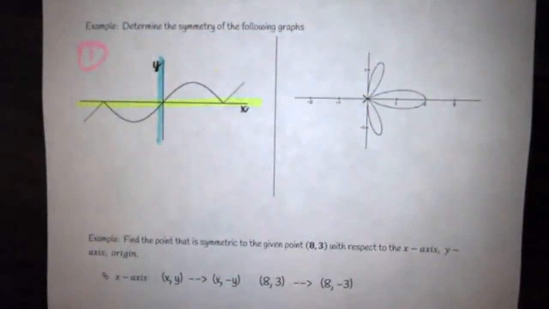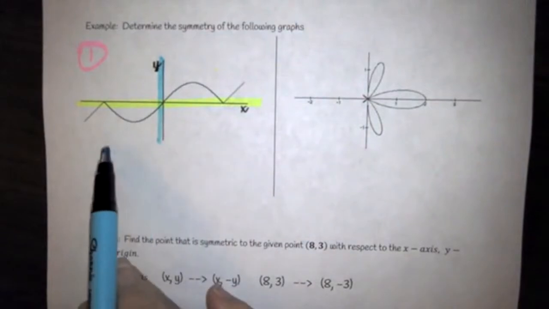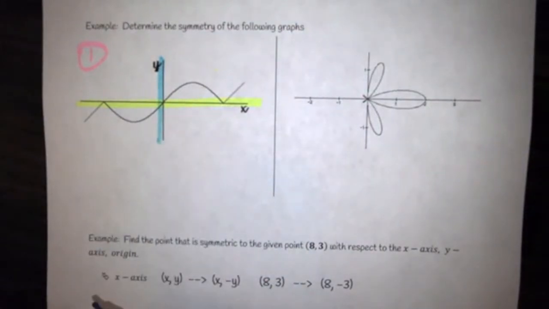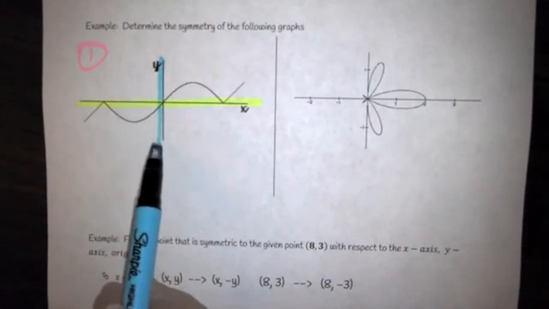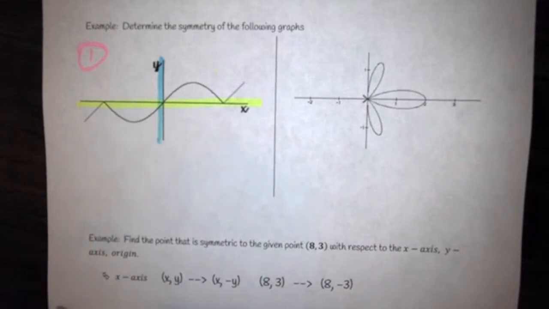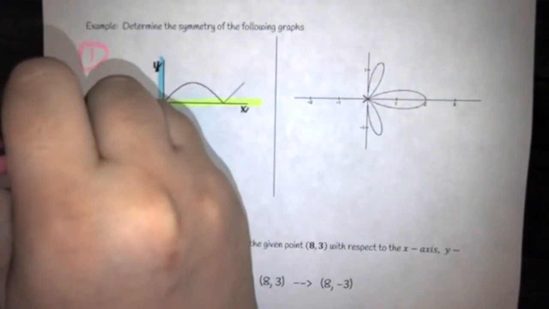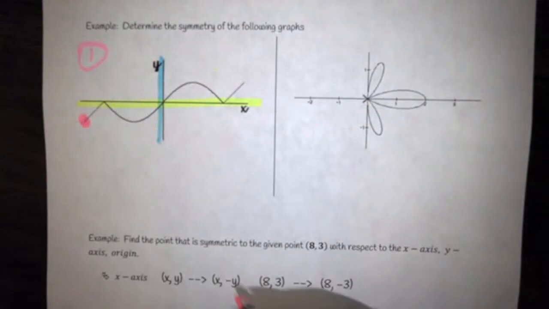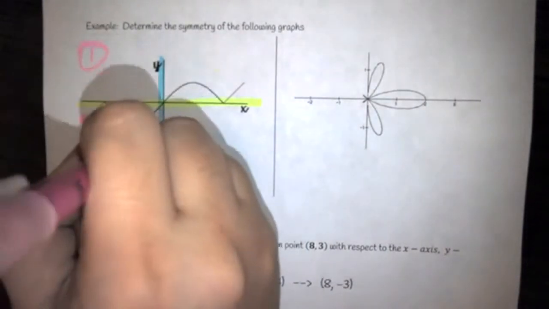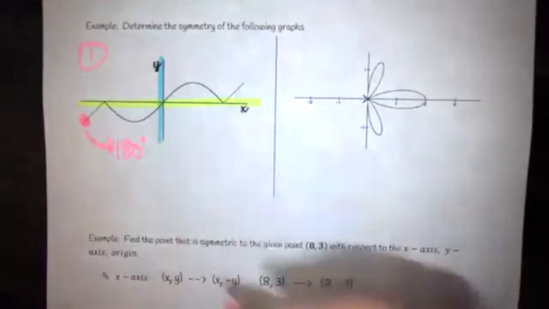Now, what if we look at this axis here, your y-axis? Y-axis says the stuff that's on the left should match up identically with the stuff that's on the right. So if we were to look at that, does that happen? Well, in this case, no, it doesn't. So now, what if I grabbed my point right here and I spin it 180 degrees?